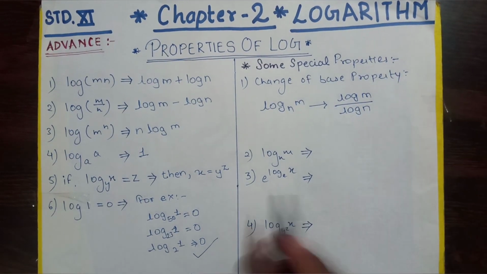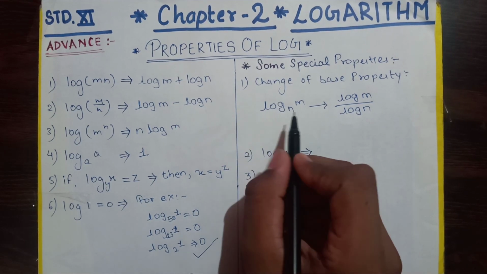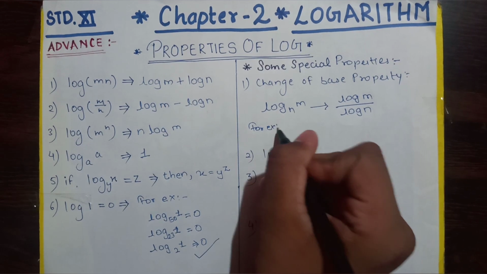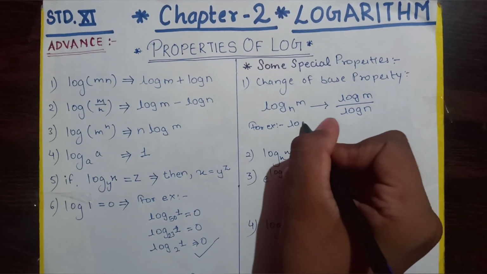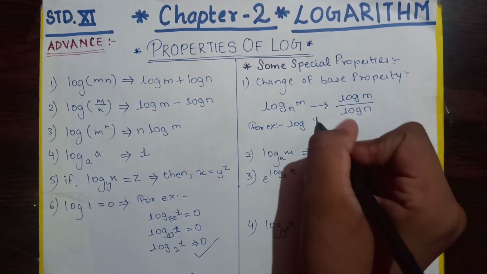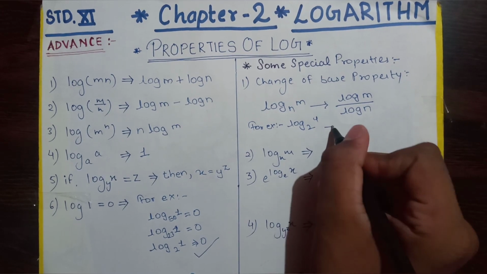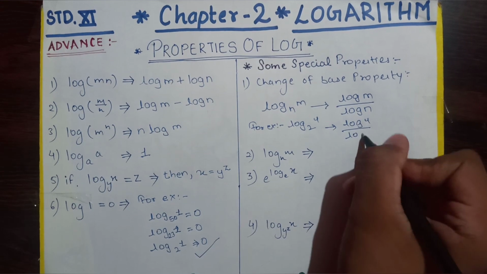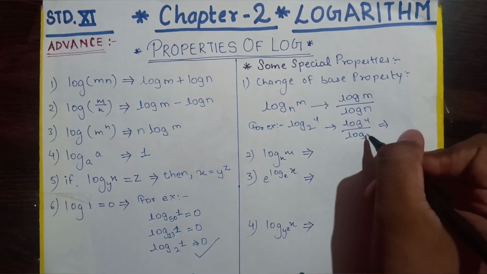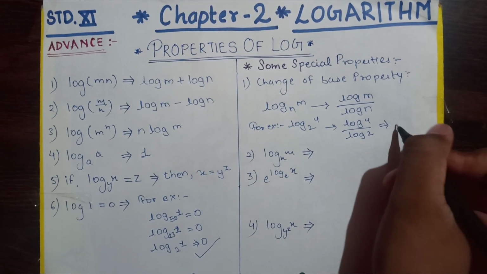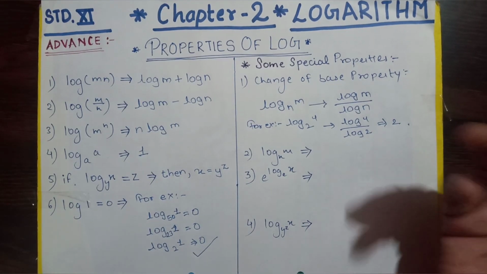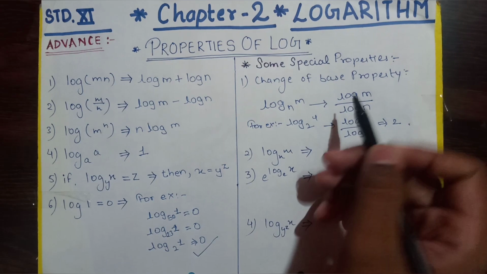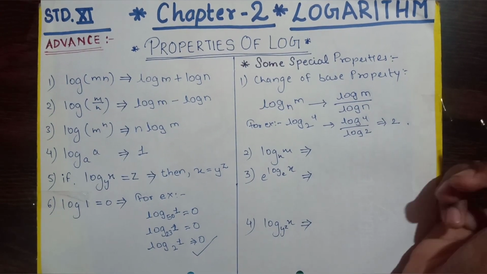What this means is that if you have, for example, log 4 to the base 2, then we will write it as log 4 upon log 2. So its answer would be 4 upon 2, which is 2. That is what it meant. Log m to the base n is log m upon log n.